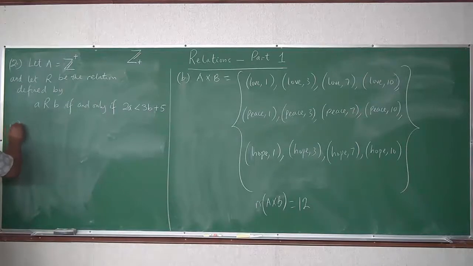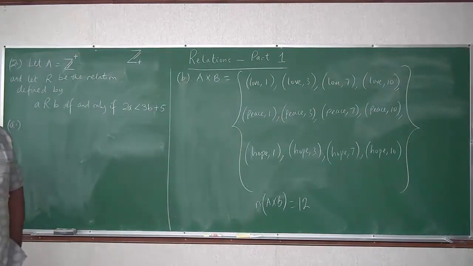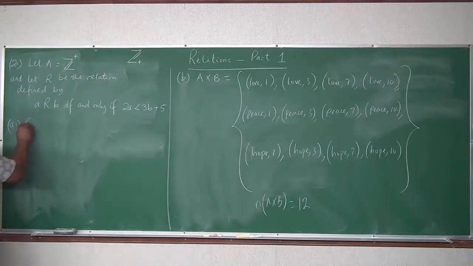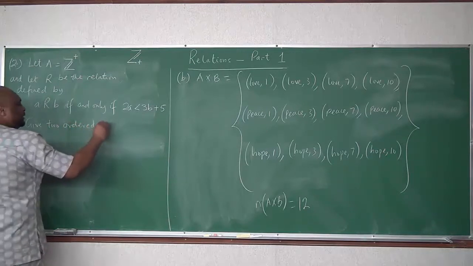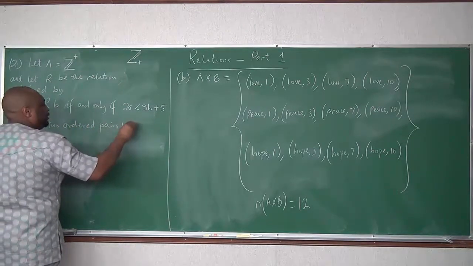A, give two ordered pairs that belong to R. Give two ordered pairs that belong to this relation.